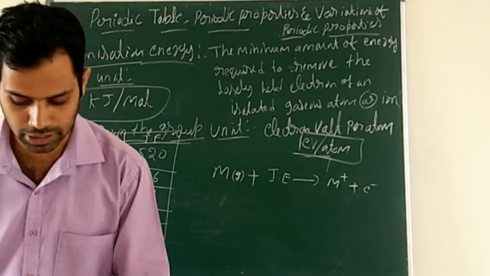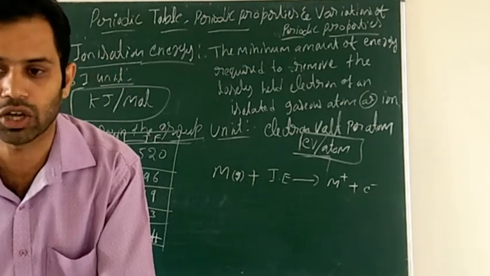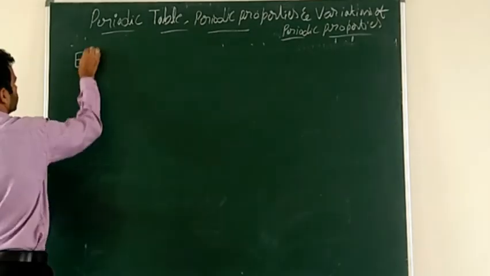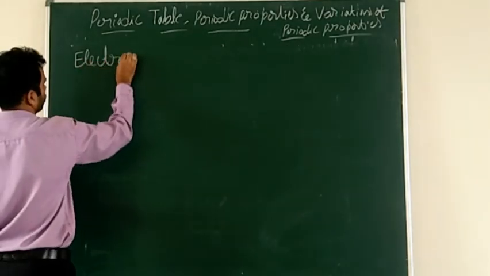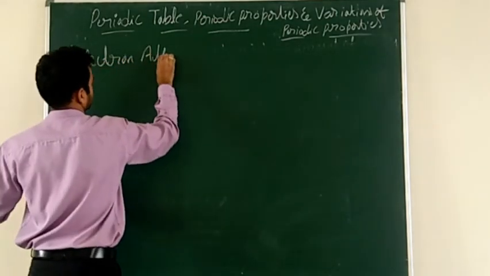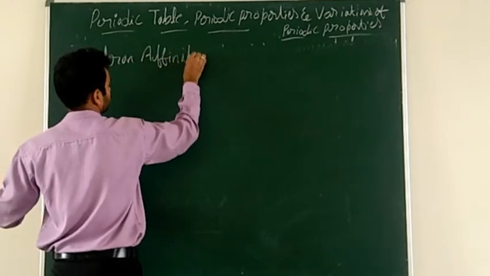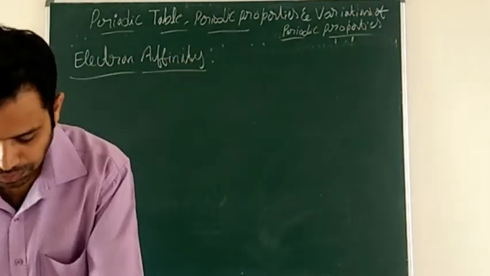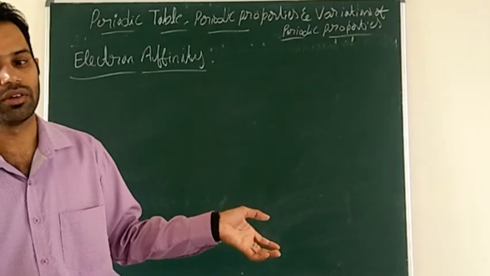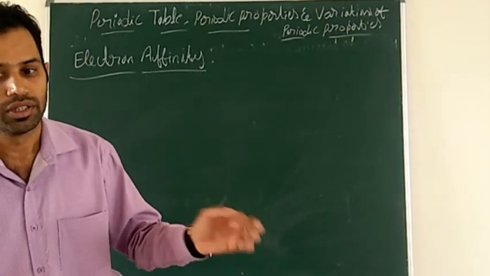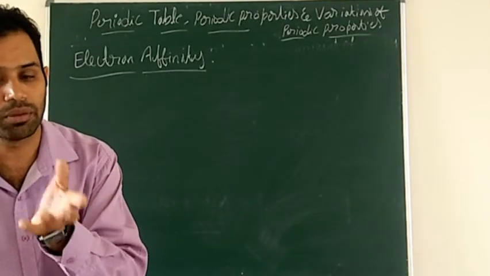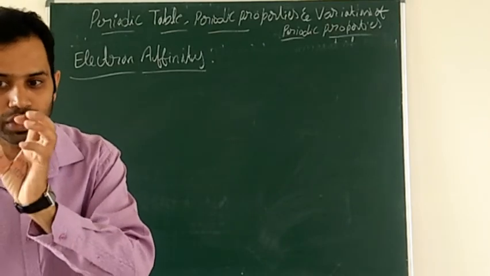Next, I will move to the next periodic property, that is electron affinity. In the last periodic property that you learned, to remove the electron from its outermost shell, we need some amount of energy.